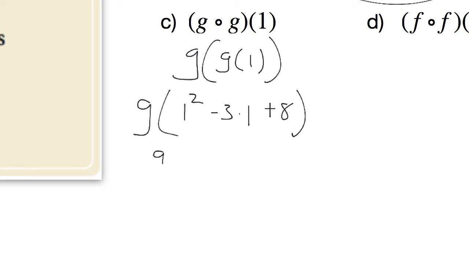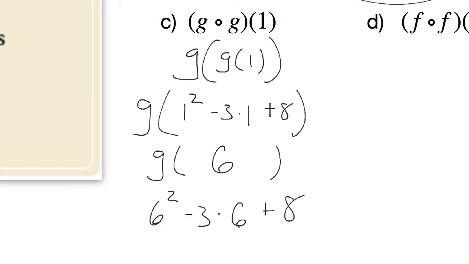Just to simplify that down a little bit, because we can, 1 squared minus 3 plus 8 is 6. And now let's take g of 6, putting the old output back into g as the new input. This is going to be 6 squared minus 3 times 6 plus 8. And when you do all that, you get 26.